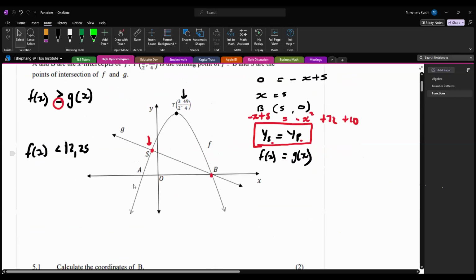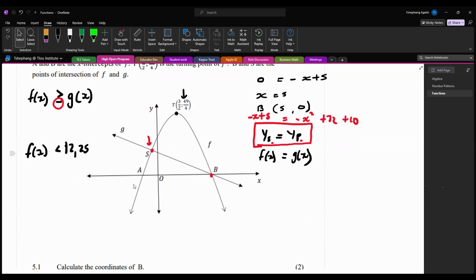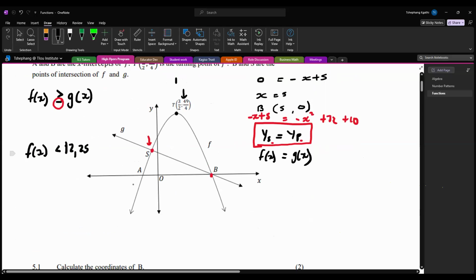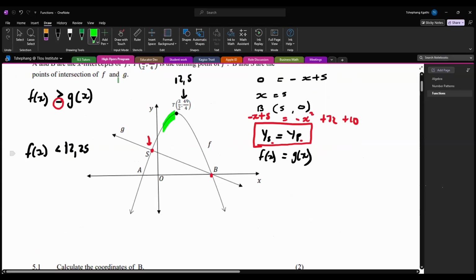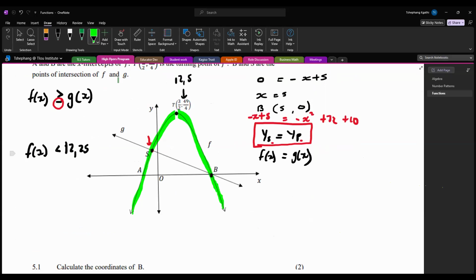We want the x values where our graph is smaller than 49/4, in other words 12.25. We want all the x values where our graph is smaller than that. And because there's no equal sign, we can't include the 49/4 or the 12.25. Which region is that? Everything excluding that dot, that turning point. That's where our graph is under 12.25.